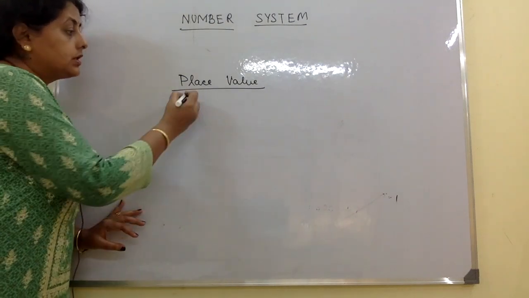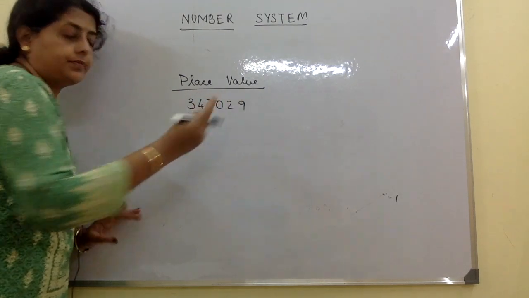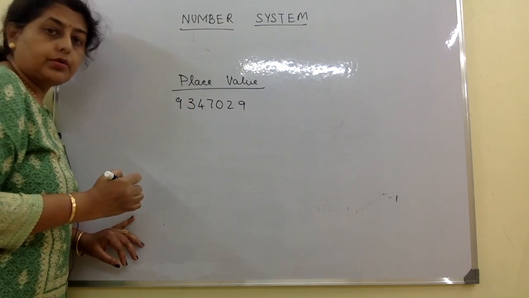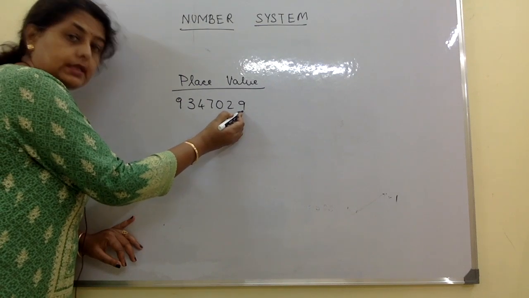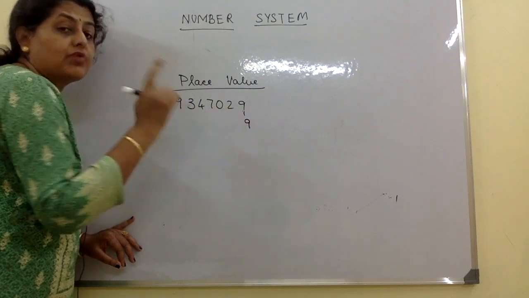What is it? Supposing I have a number 9347029, and let me put a 9 here also. The place value of the 9 here is 9 only, because it is in the ones place.